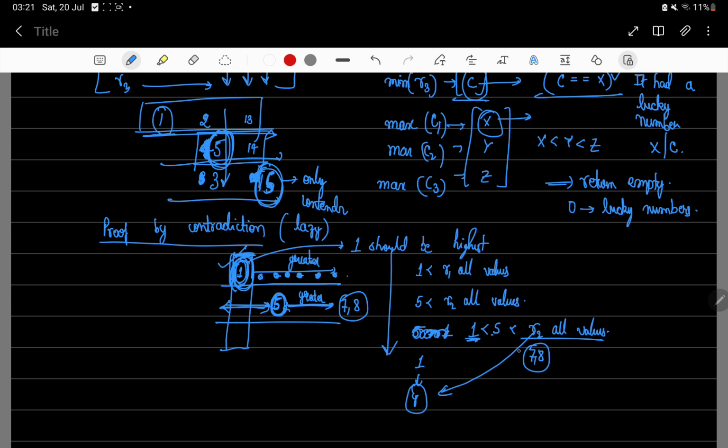It will be one of the R2 values which was greater than 5. So what I find out is that y is always greater than 1, which brings us to the fact that 1 is not greatest in that column.